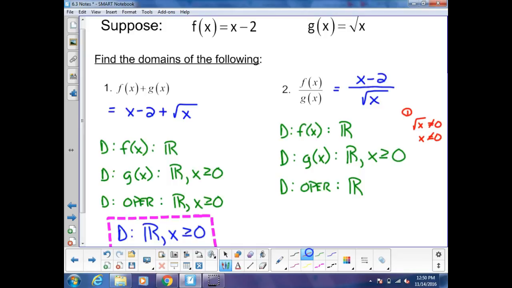So the second thing that I have to consider is the inside of that radical, which is just x, has to be greater than or equal to 0, right? So combining those two, my x gets restricted to just greater than 0. I can't have x be equal to 0 anymore, because that would make my operation not valid.